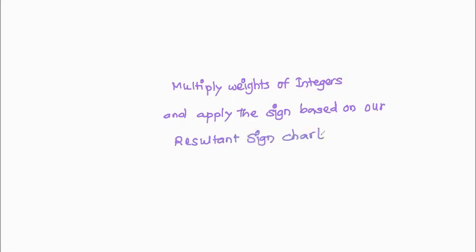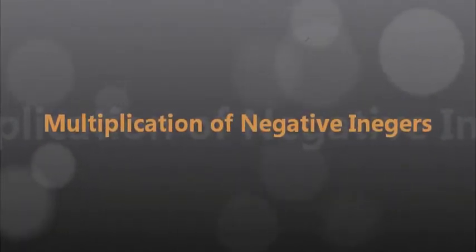And what is that resultant sign chart? Different is minus and same is plus. So we know 5 into minus 3 is equal to minus 15.